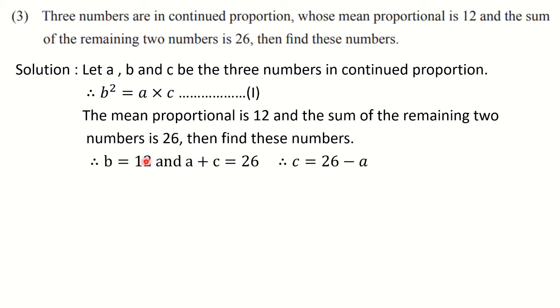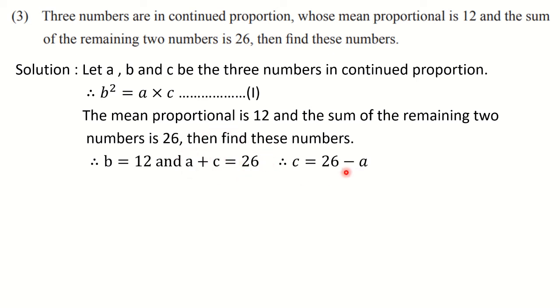So from this here what we can write is B is equal to 12 and A plus C is equal to 26. So from here I am writing the value of C. That means C is equal to 26 minus A. See, this A is shifted to RHS.